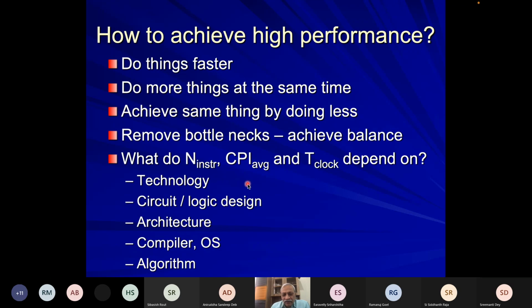If you have complex instructions, you might reduce N, but you might end up increasing CPI and T clock. If you choose simple and efficient instructions, you might have more N, but you can make them execute faster in fewer cycles. So this understanding of how various domains influence these parameters is important.